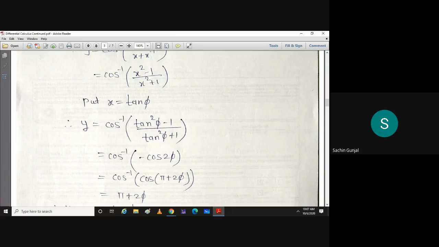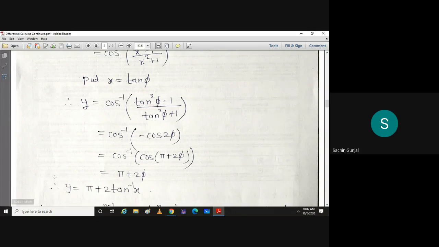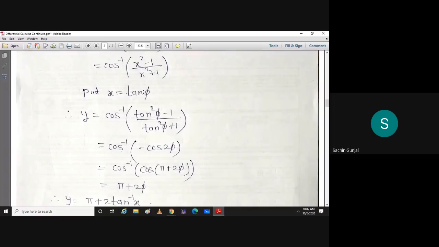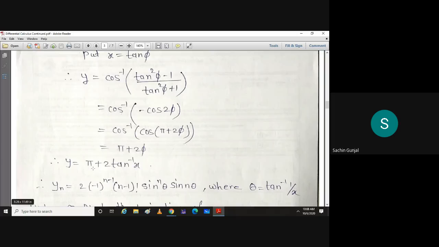So that becomes pi plus 2 phi. So simplified expression for y is pi plus 2 phi. Now phi is nothing but tan inverse x. So y is equal to pi plus 2 tan inverse x.